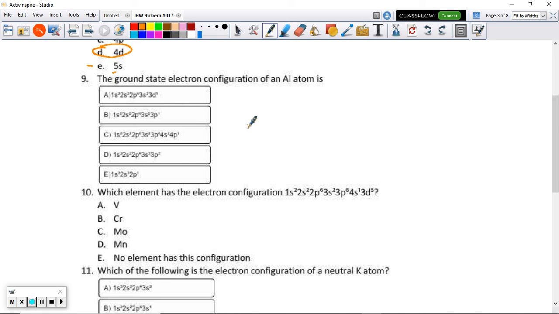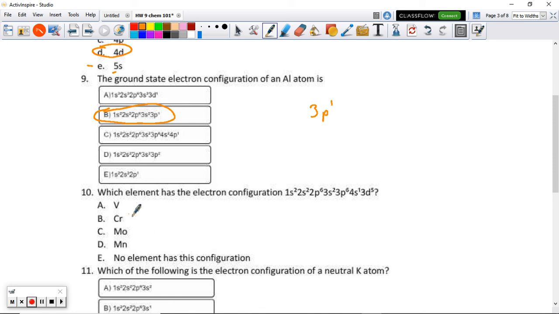So it's actually in column 3A. So what that tells me is that it has to end in a 3p1. All right, and if everything in front of that is filled, it's going to be 1s2, 2s2, 2p6, 3s2, and then 3p1, which is B.